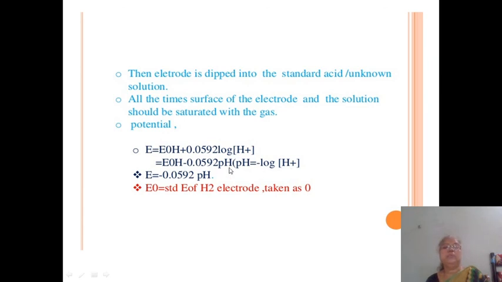Therefore we substitute this log activity of H plus ion as pH, and we can find the EMF of the hydrogen gas electrode by using this simple equation, minus 0.0592 into pH. Here E0, the standard EMF of the hydrogen gas electrode, is usually taken as 0.